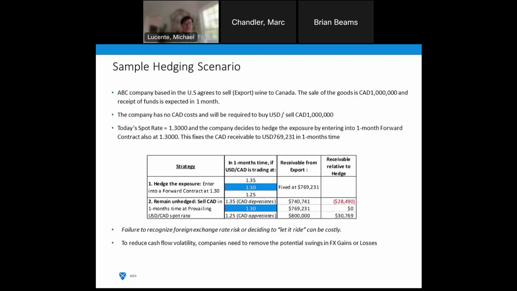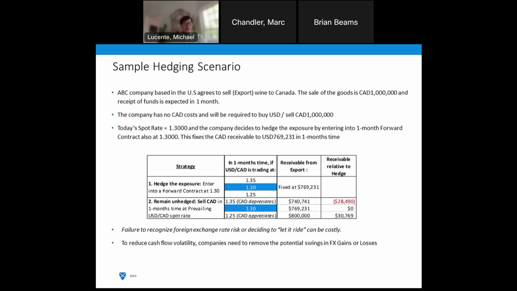And the company enters into a 1 month forward, which happens to be a flat forward market. They lock it in at 1.30 for 1 month forward. Now, what have they done? The rate could move to 1.35. The Canadian dollar depreciates.